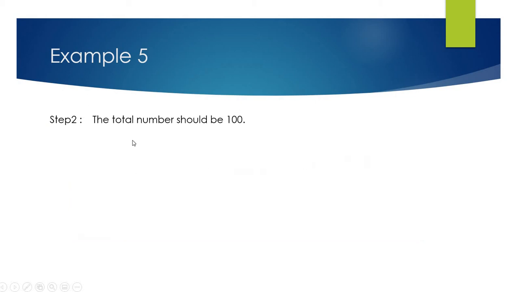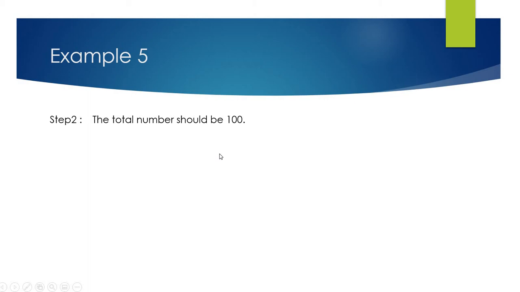So we got 90. Our first case was 15 chickens and 15 rabbits, and the total number of legs was 90, right? But the total number of legs should be 100.